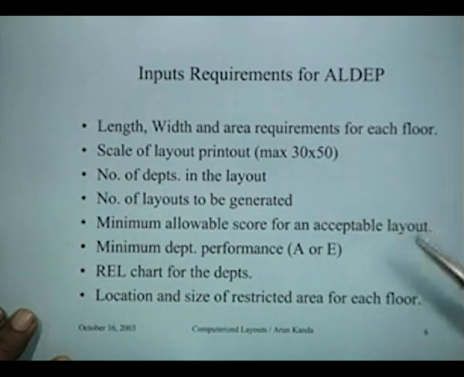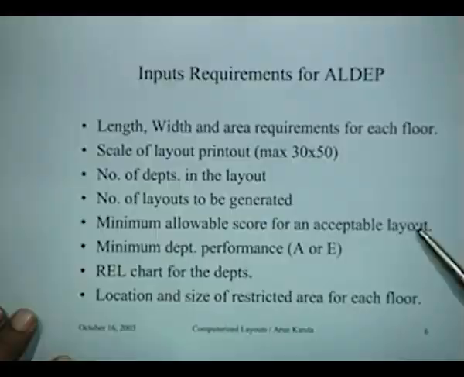In the beginning, when you run the program for the first time, you have no idea what it is. So the program generally runs the first time and you generate 10 layouts, say, and maybe the highest score is 120. So the second time you run the program, you can specify the minimum allowable score for the layout as 120 and run the program again.